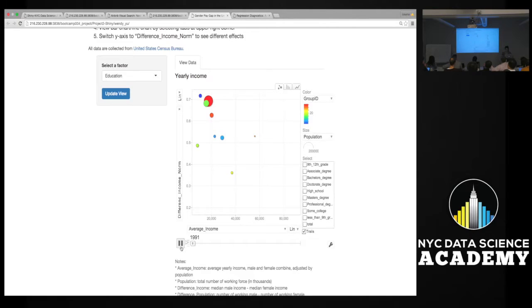Now if we watch this again, the income is still getting greater, but the normalized difference is actually getting smaller and smaller.